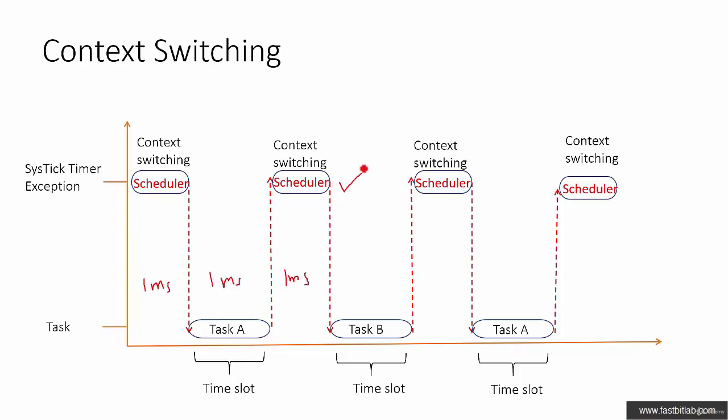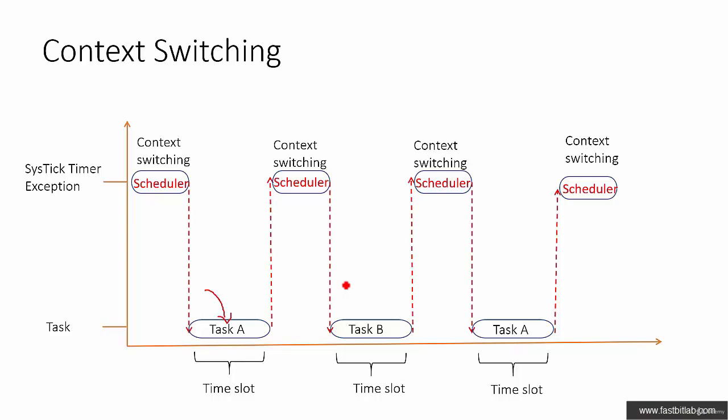This is actually a kernel code, or it is a code which is part of the kernel. So the scheduler runs every 1 millisecond. Let's assume that. When it runs, what it does is it saves the context of the currently running task onto the stack memory, and then it retrieves the context of the next task which is in the ready list.